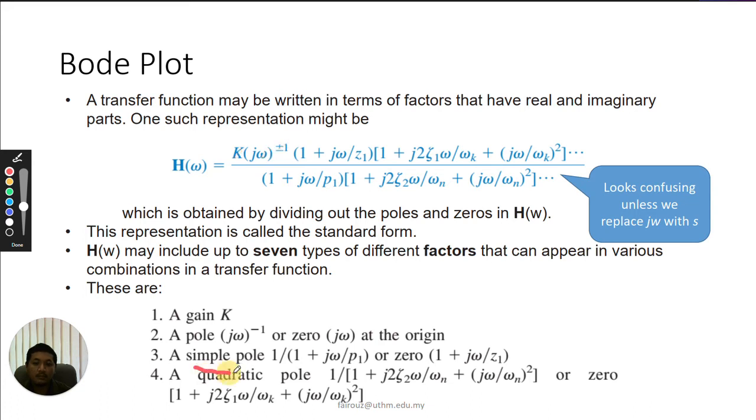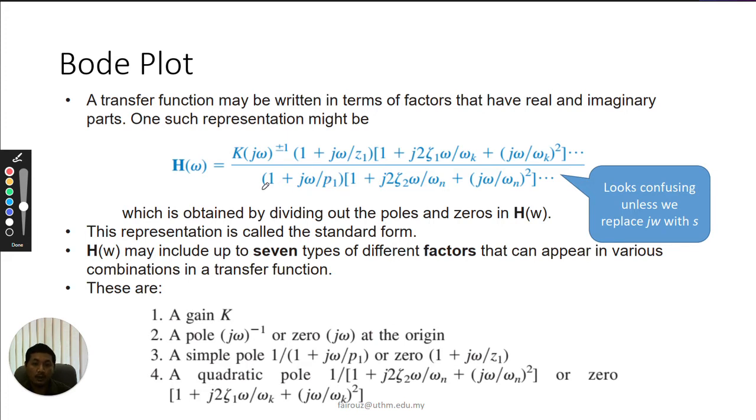Next is simple pole. Okay, we know that pole is 1 over s. Simple pole is actually 1 over 1 plus j omega over p1. So this is simple pole.